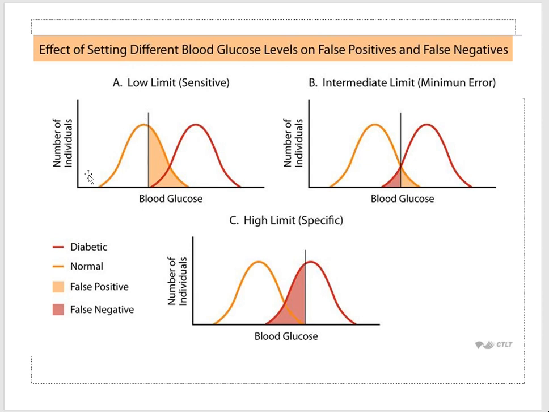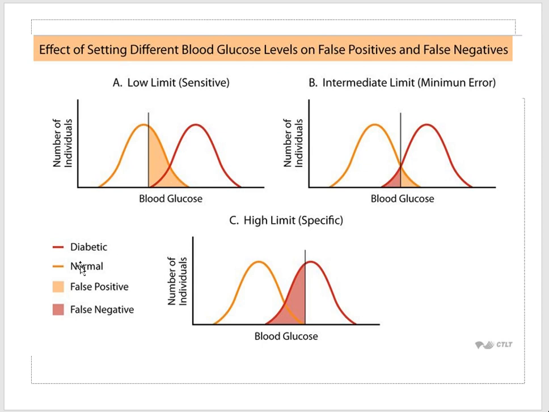So, in the first scenario, the threshold is put as low as possible. So the idea in graph A is to capture everybody that is diabetic, so not to miss anyone who's diabetic.